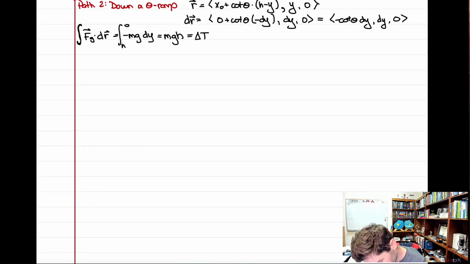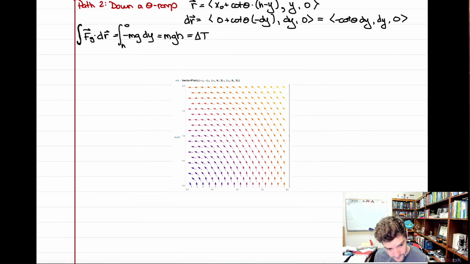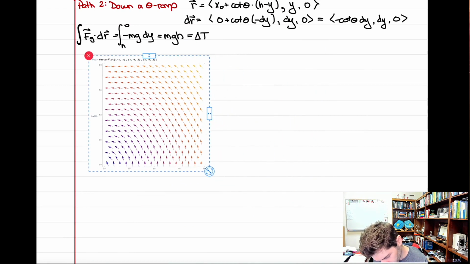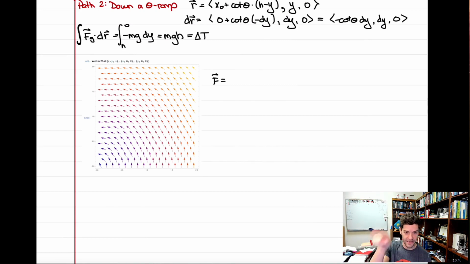Let me do one that's a little bit more interesting. Now, suppose I have a vector field, where the vector field is kind of the first quadrant of what would just be vectors all moving in a circle.